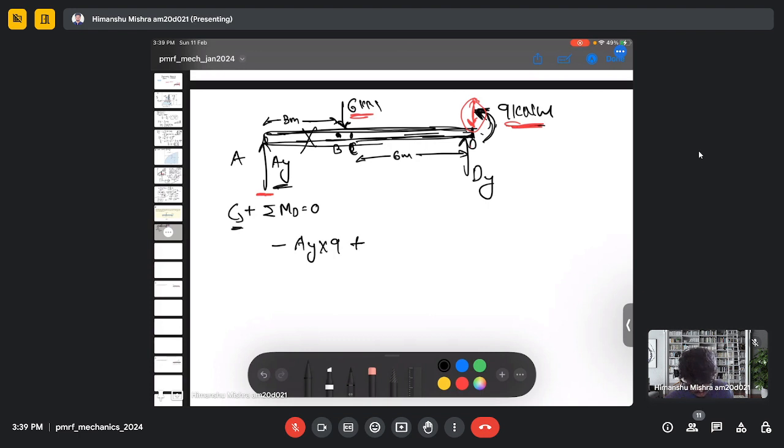And 6 kilonewton is actually creating a counterclockwise movement along point D, so it is positive. And this 9 kilonewton external movement is also counterclockwise along point D, so it is also positive.